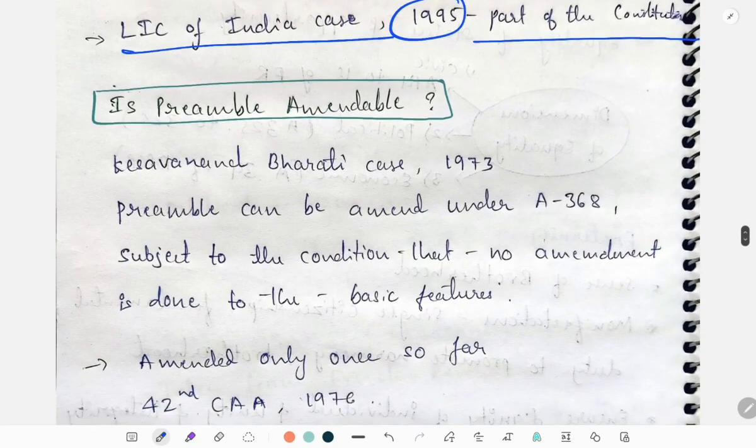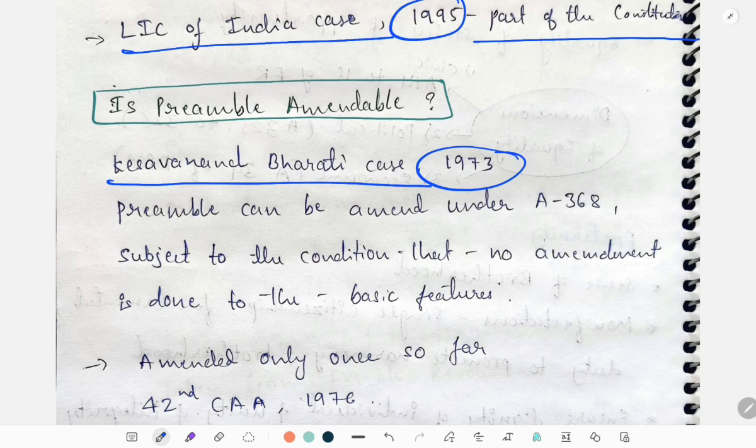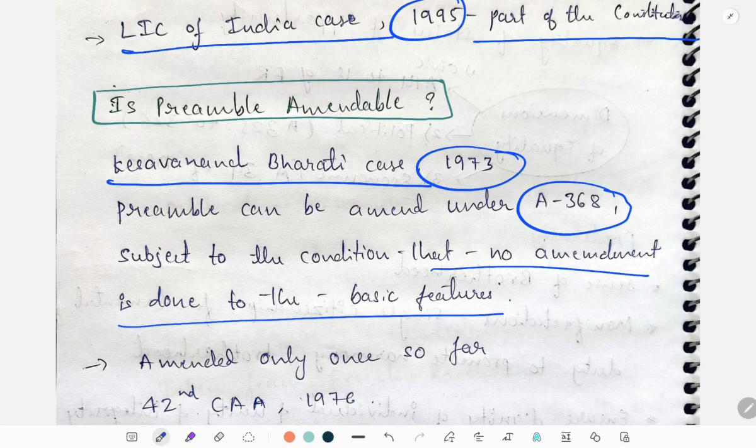Is the Preamble amendable? Yes, it is amendable. In the Kesavananda Bharati case in 1973, it was held that the Preamble can be amended under Article 368, subject to the condition that no amendment is done to the basic structure.